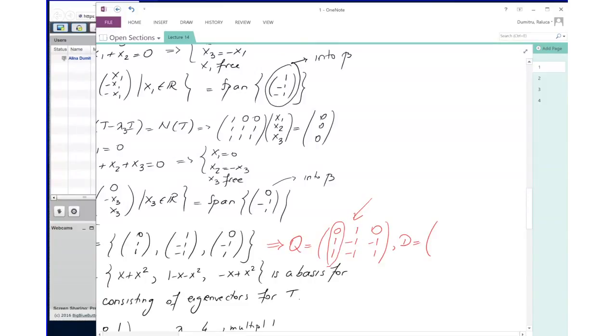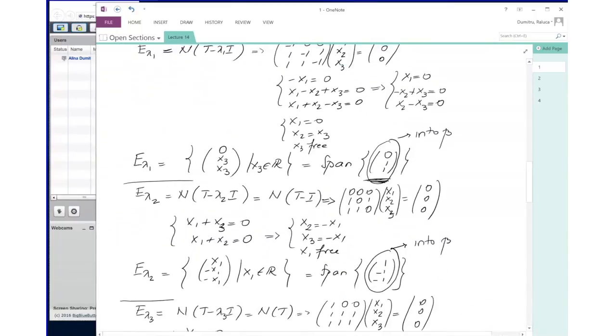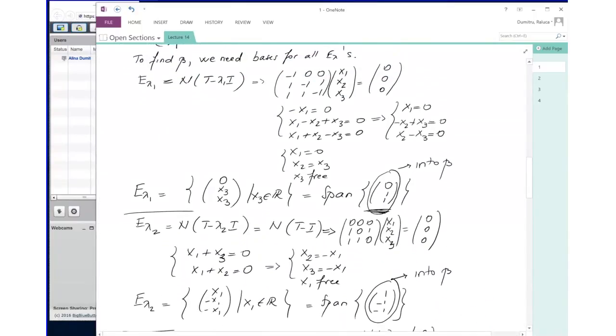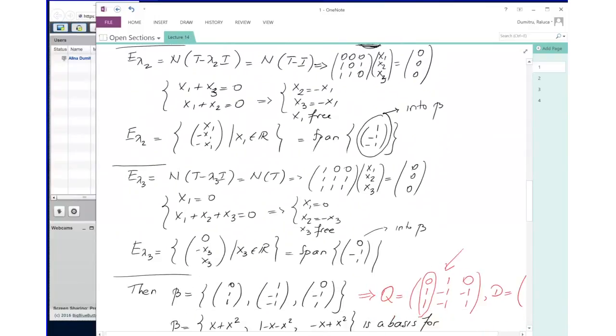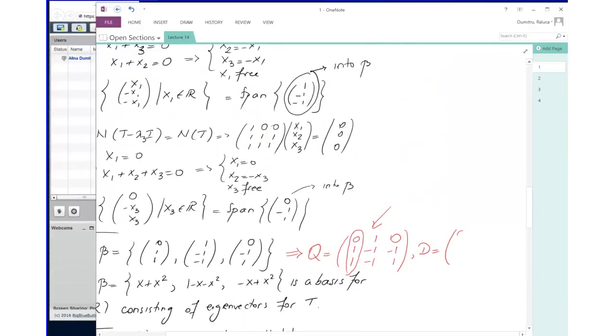That vector came from lambda 1, and I think we placed them in decreasing order, so it came from 2. So I'm going to place 2 first on the diagonal. The second vector came from the next eigenvalue, which I think was 1, and the third one came from 0. Again, the order is not important, but once you make a choice in one of those two matrices, that choice will decide the order of the columns in the other matrix.